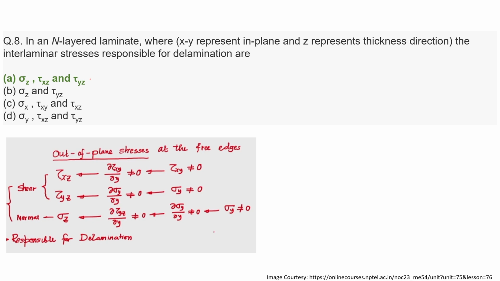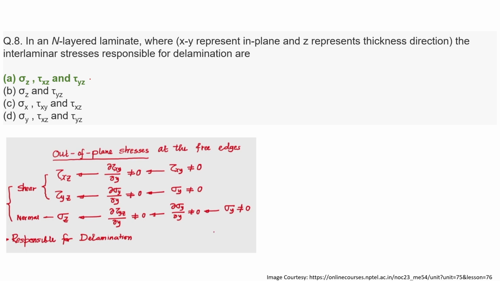In an n-layered laminate where xy represents in plane and z represents the thickness direction, what are the interlaminar stresses responsible for delamination? We already know what the out of plane stresses are, which cause the delamination.